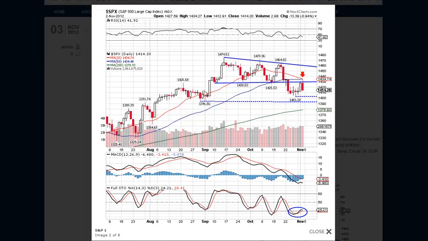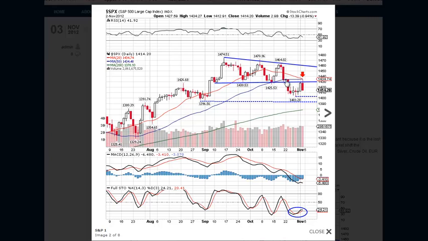If we see a return of the price action above these levels, the current resistance on the upside should be located here at 1425, followed by 1430, which is also this fairly significant neckline for this triple top formation. Followed by 1434, which is the 20 and 50 period moving average.